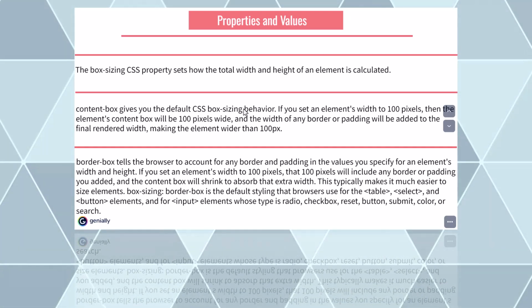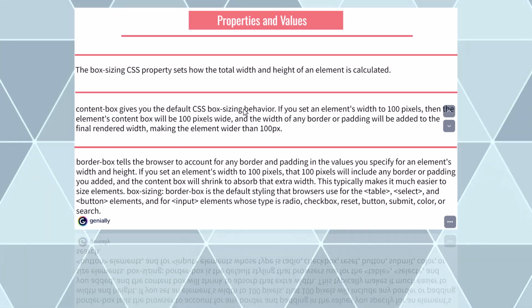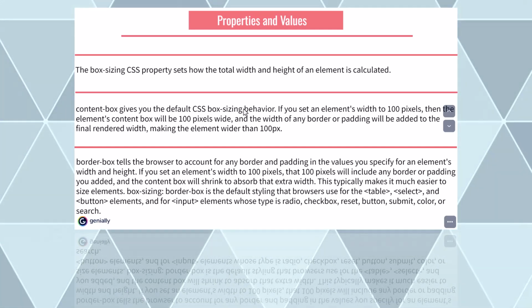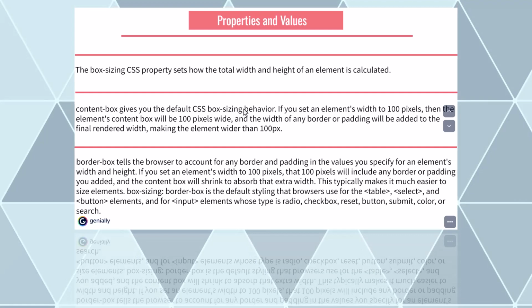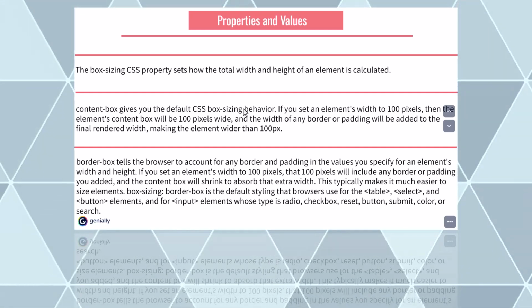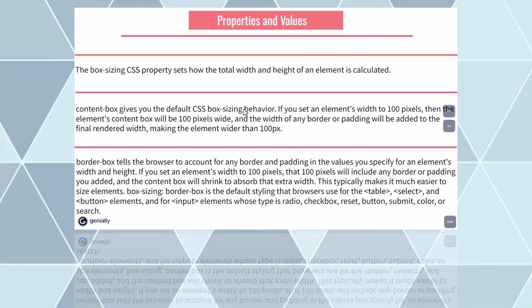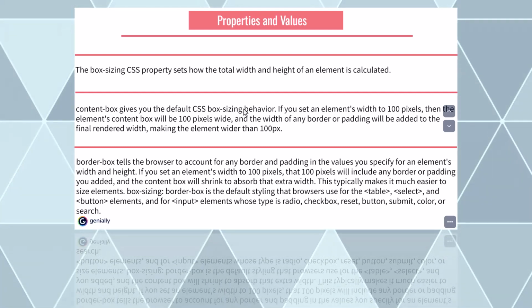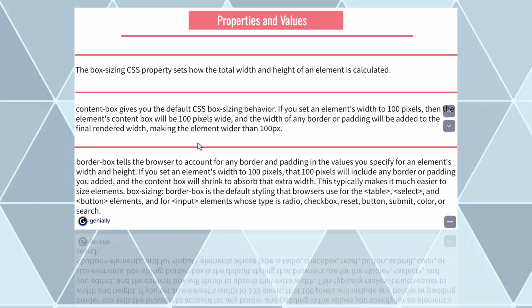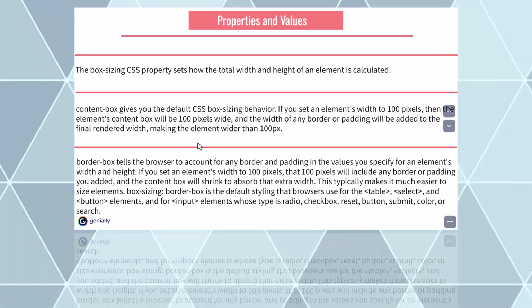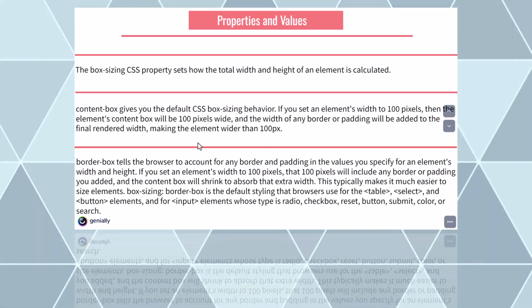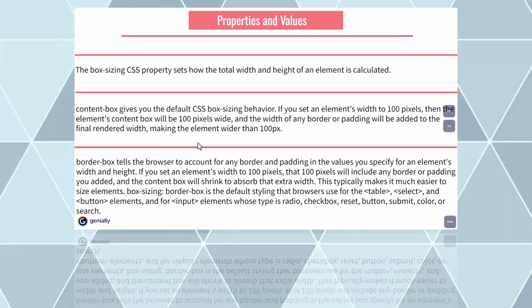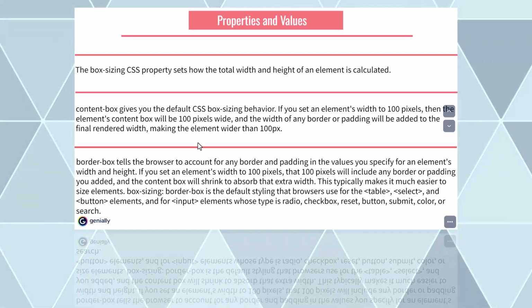Which is, the border is added on top of the original width that was defined if you use content box. Right. Remember, the box sizing property is all about calculating the total height and width of an element. Right.